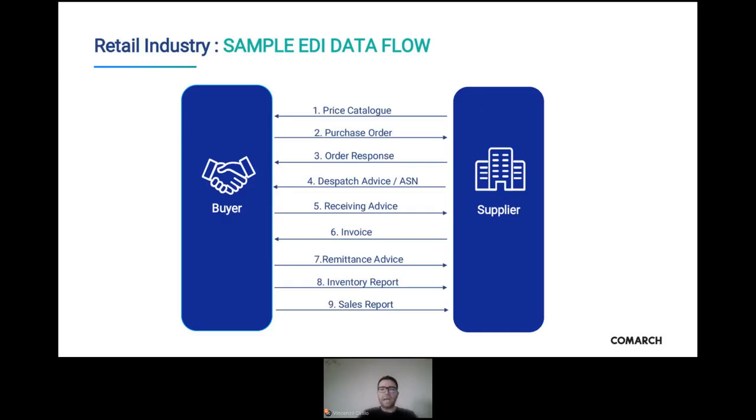So through EDI, it's possible, depending on the type of your industry and the type of document transactions that you exchange with your business partners, to set up even more messages and to optimize the whole communication flow with your business partners.